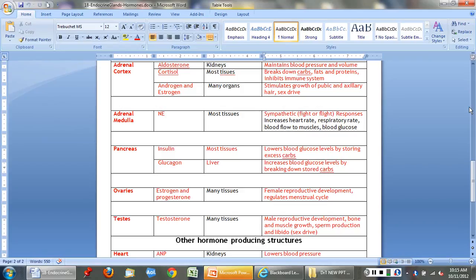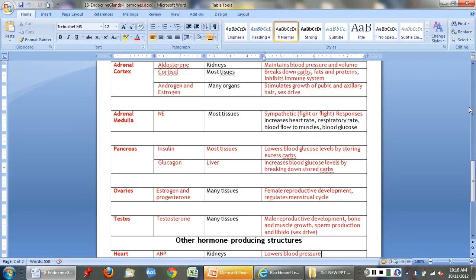All my cells of my body need glucose. So all it's doing is telling the cells of the body to go ahead and absorb the glucose and take it out of the blood. Okay, so it goes into the body cells. Y'all with me? Okay, 'cause y'all looking kind of like I don't get it. I want to make sure you all get it. So you just think of it as insulin telling the body cells to open their door and let glucose in.